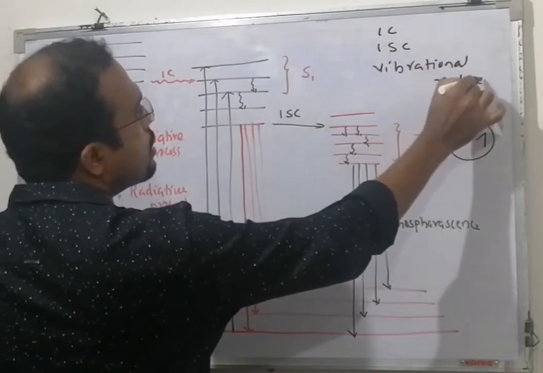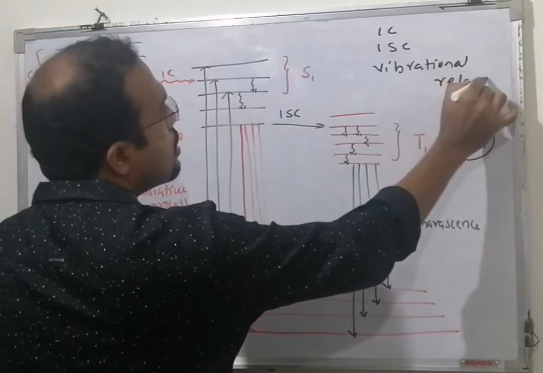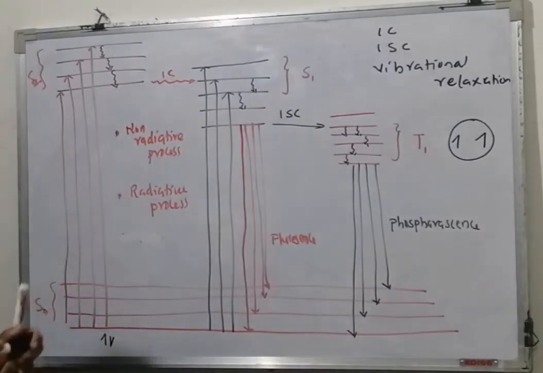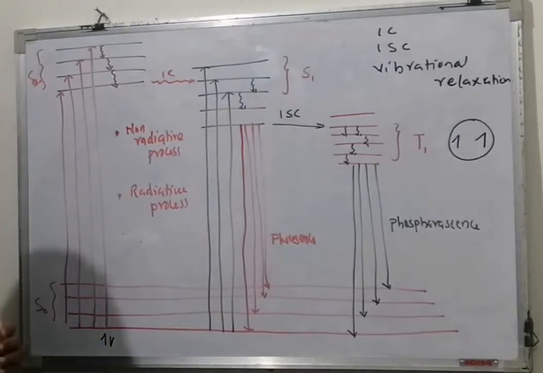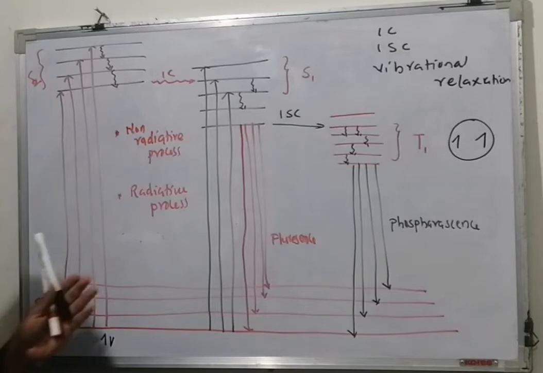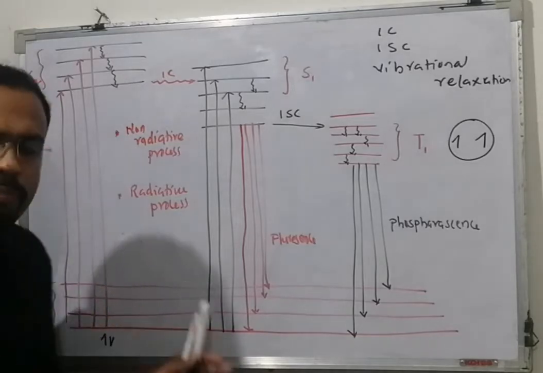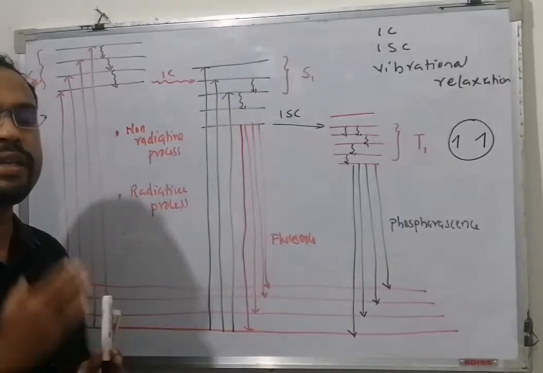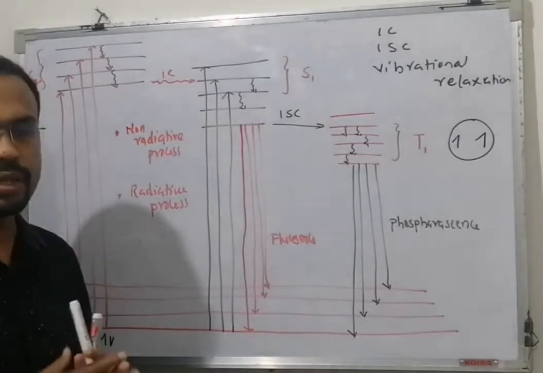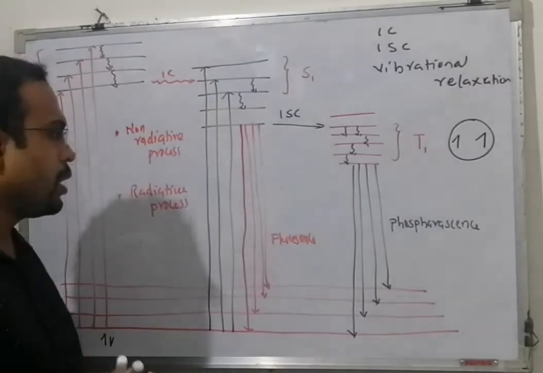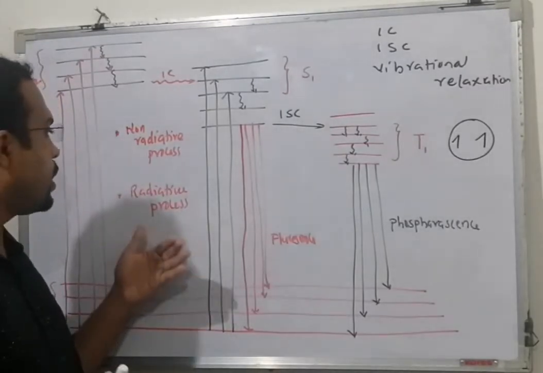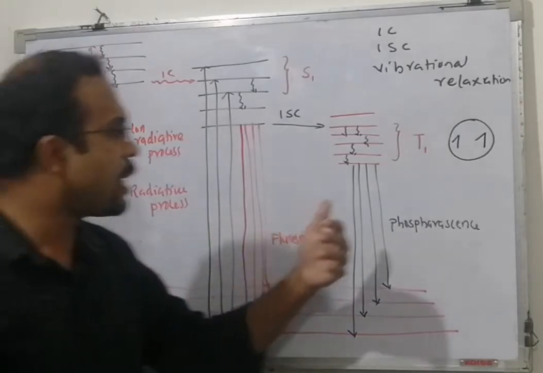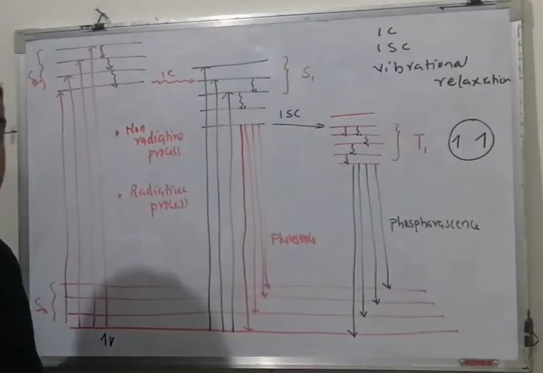Radiative processes are de-excitation methods where, during de-excitation, it emits radiation. There are two types of radiative de-excitation methods. One is fluorescence, second is phosphorescence.